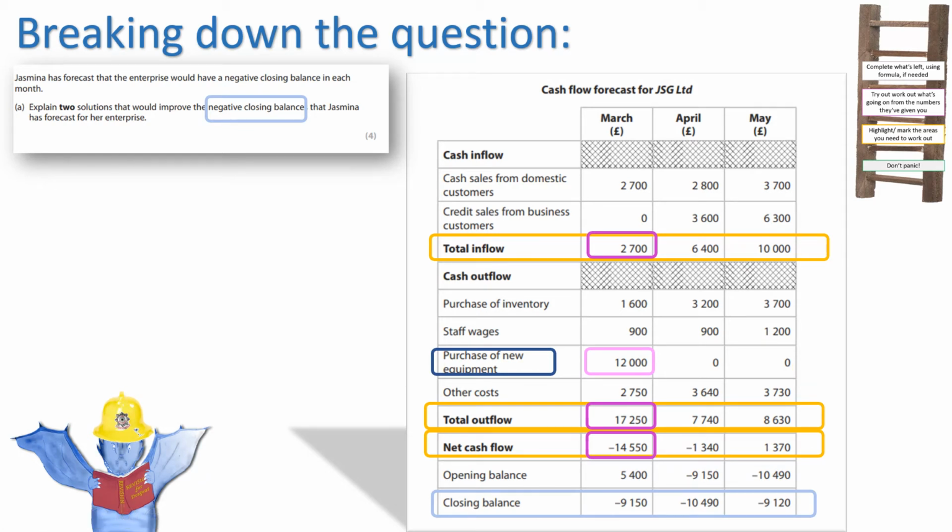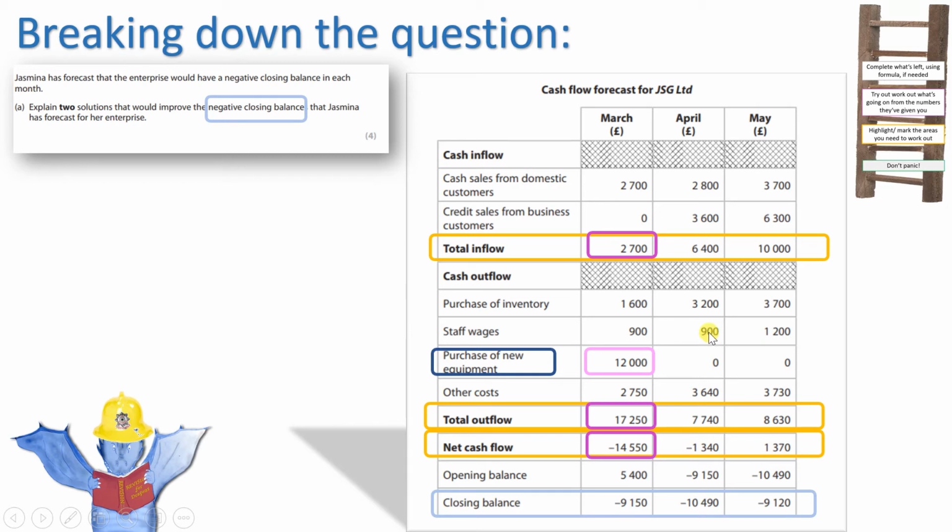Now remember, we covered trade credits in the sources of finance lesson, so there's one that we could look at. She can look at delaying payments to suppliers so that helps spread the cost, because the stock is also a little bit of a pricey outgoing she's got, particularly in April and May, which adds to the problem. I haven't mentioned that before, but let's not ignore it.